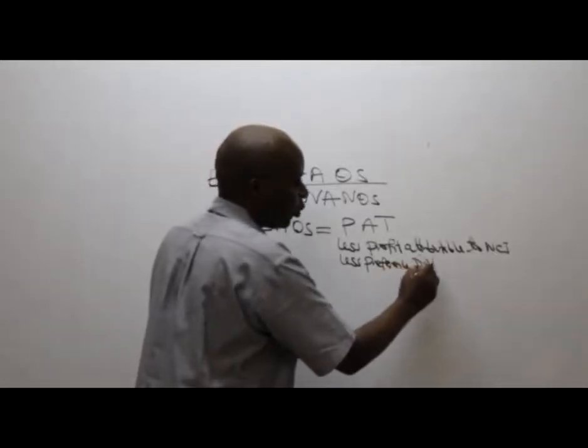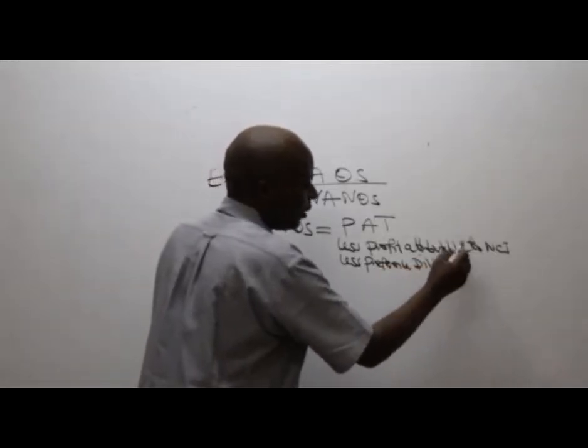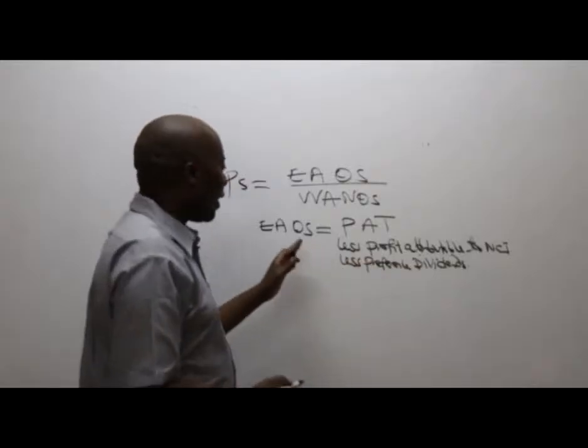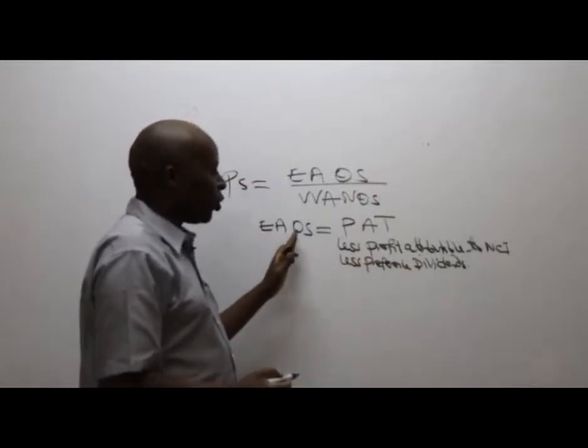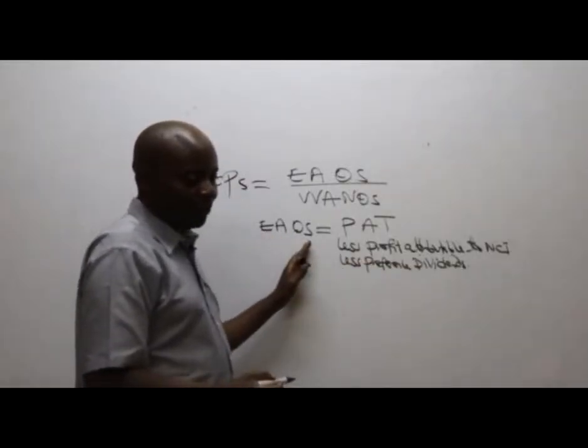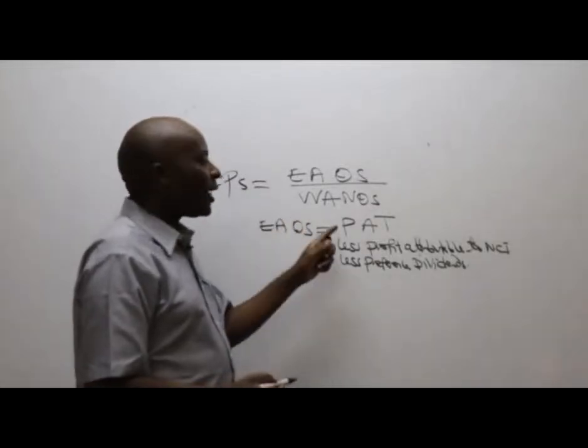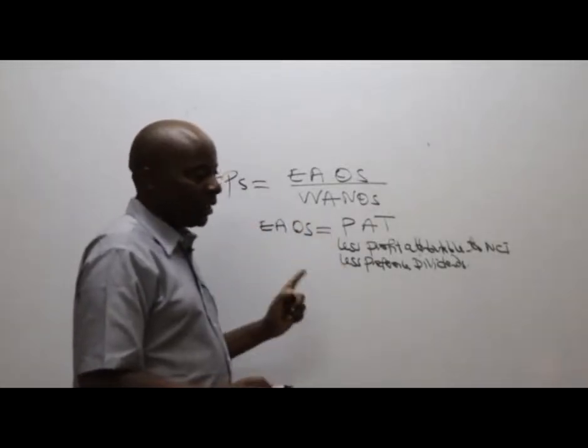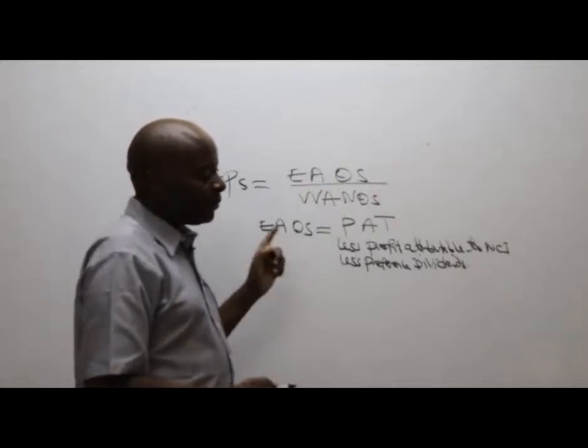Very important for us to get used to this. This is how we calculate our earnings attributable to ordinary shareholders. You take the profit after tax that has been reported.